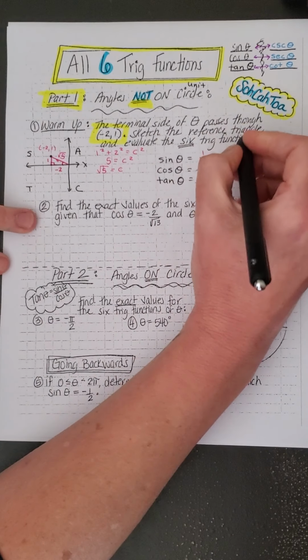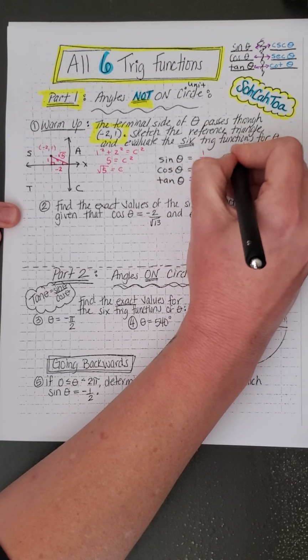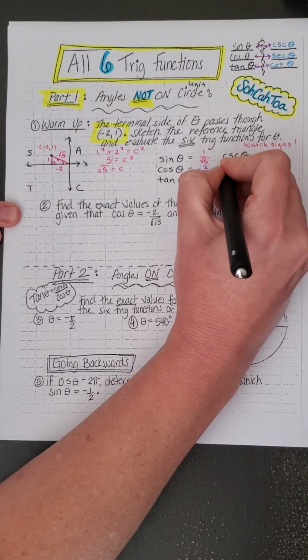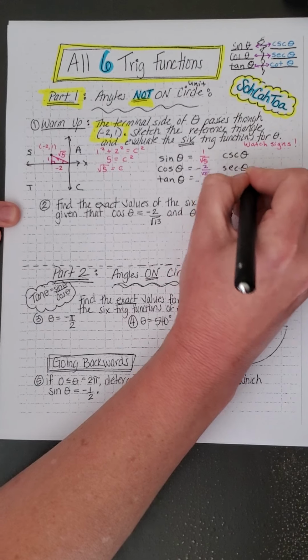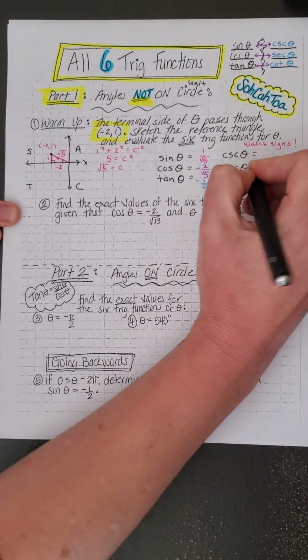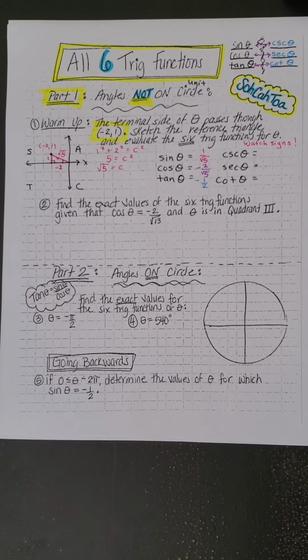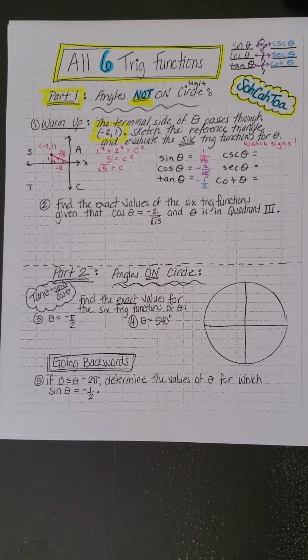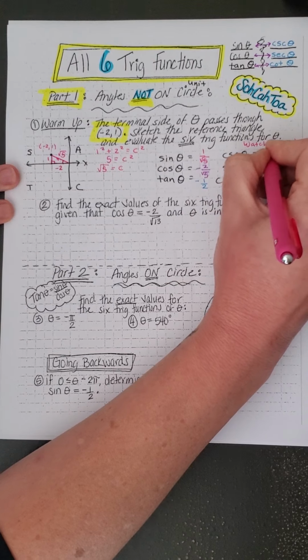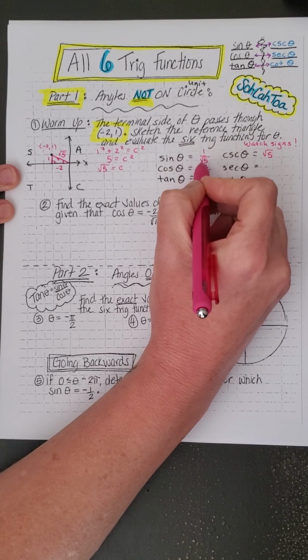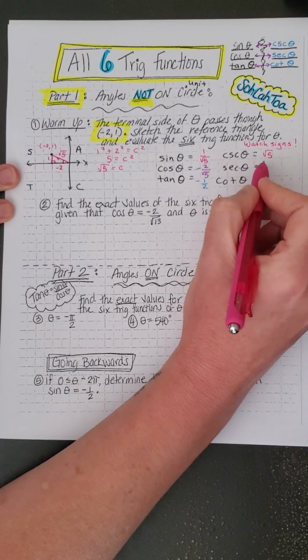All right, so it's super easy now to find cosecant, secant, and cotangent, because they're just the reciprocal of sine, cosine, and tangent. And so the reciprocal of root 5 over 1 is, 1 over root 5 is root 5 over 1.